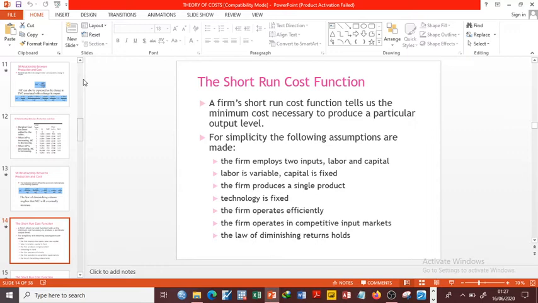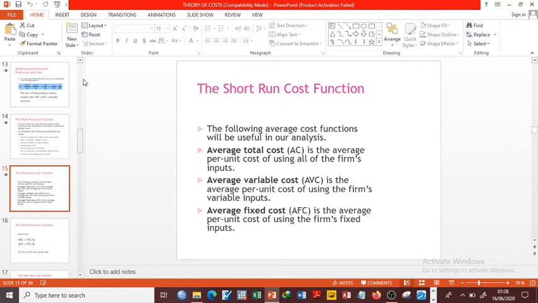By competitive input markets, we mean that this will be a perfectly competitive market structure where we have very many firms that are producing the same output or the same product. And then we also assume that the law of diminishing returns holds. I've already explained what the law of diminishing returns means.